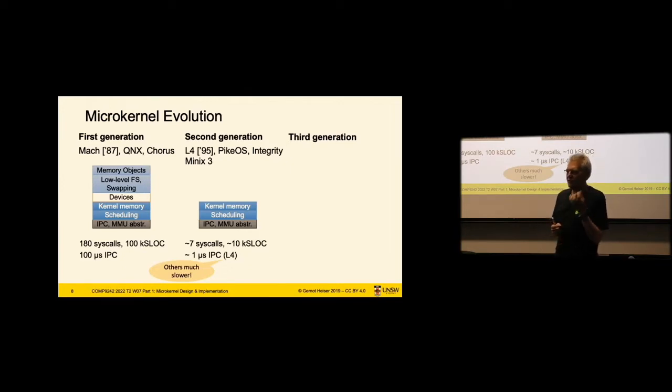And he dramatically reduced the number of abstractions exported by the kernel, and with that the number of system calls. The number of system calls went up and down. It was 10 at one stage and 7 at the other, but it stabilized at about 7 system calls. 10,000 lines of code, so that's an order of magnitude reduction in kernel size, and he got an order of magnitude reduction in IPC cost.